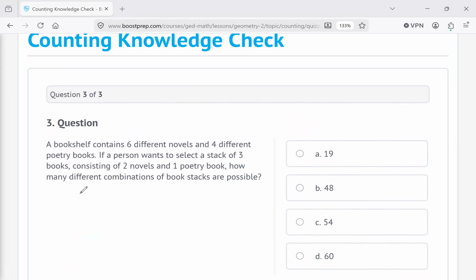So question three says a bookshelf contains six different novels and four different poetry books. If a person wants to select a stack of three books consisting of two novels and one poetry book, how many different combinations of book stacks are possible? So since order doesn't matter, we're probably going to use combination. So they're asking you how many different combinations of book stacks are possible.